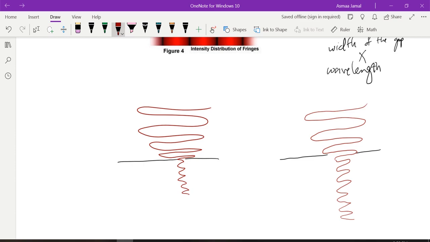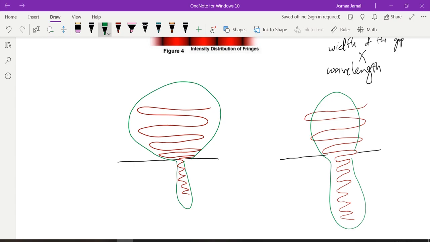Comparing the size of this and this, it is not much bigger, but here the difference is really big. So a small gap, or a gap with the same size as the wavelength, will cause a lot of spreading. If the gap is larger than the wavelength, this will cause a little spreading.